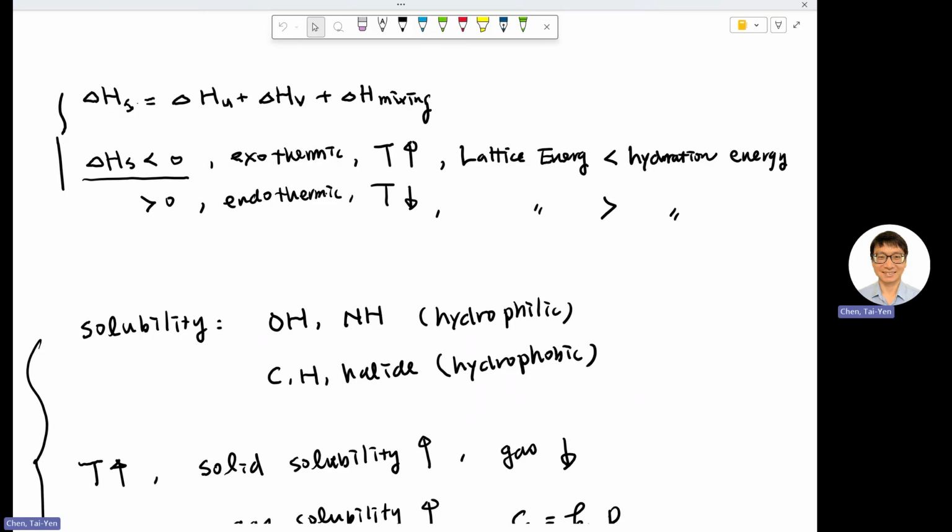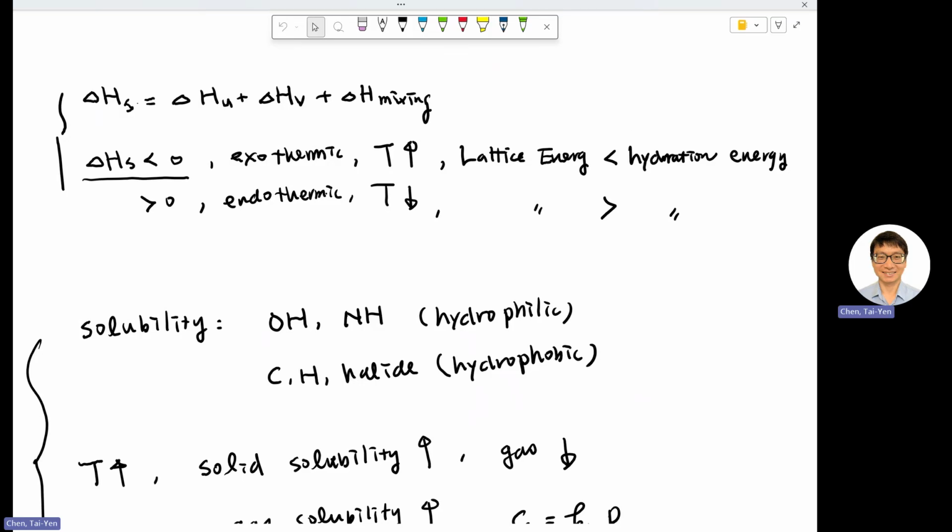Delta H solute is always positive and big, because you're breaking apart the ions from each other, so it takes energy. Delta H solvent is relatively small and not so important. Delta H mixing is when you mix your solvent and solute together and they interact. This mixing process is typically negative and big as well.